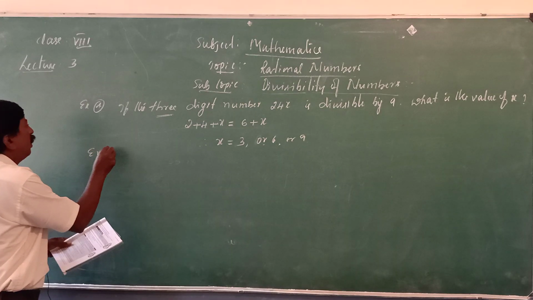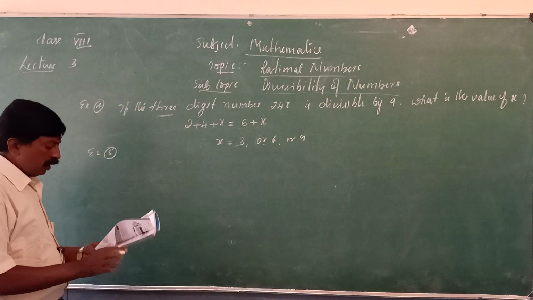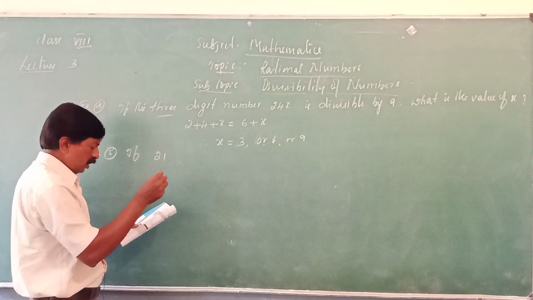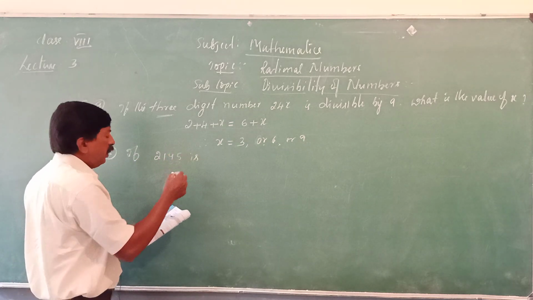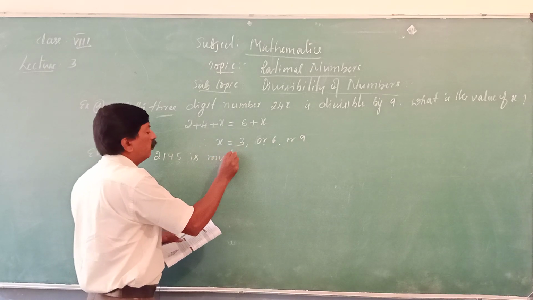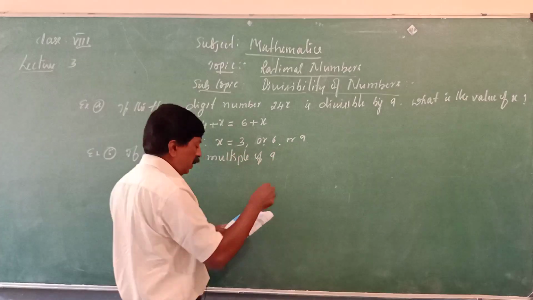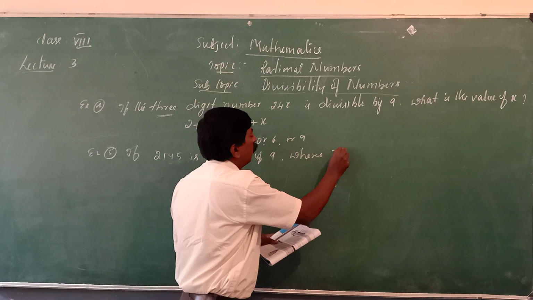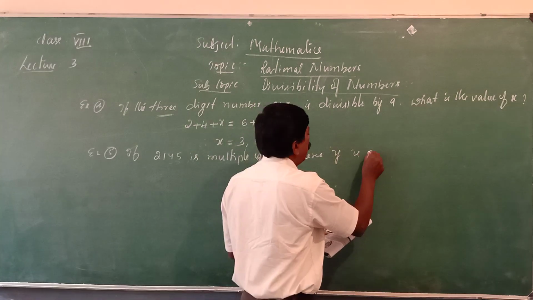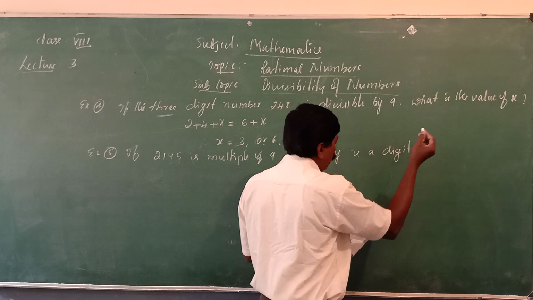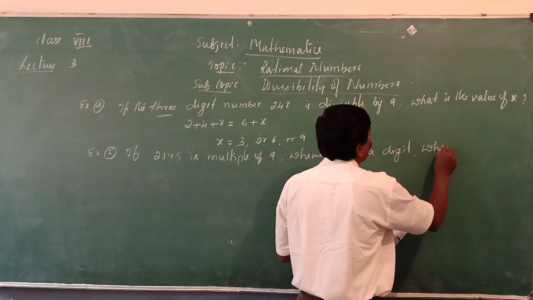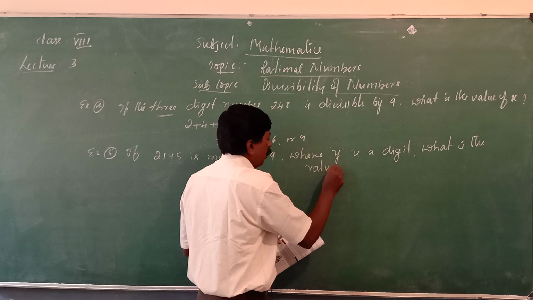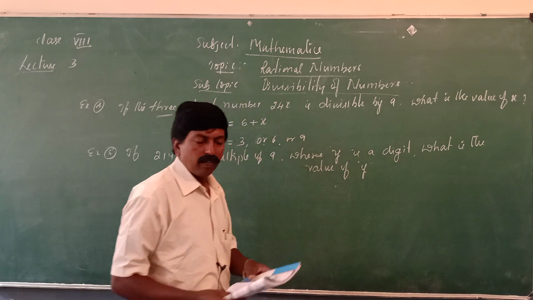Now example five under this session: if 21y5 is a multiple of 9, where y is one of the digits, what is the value of y?